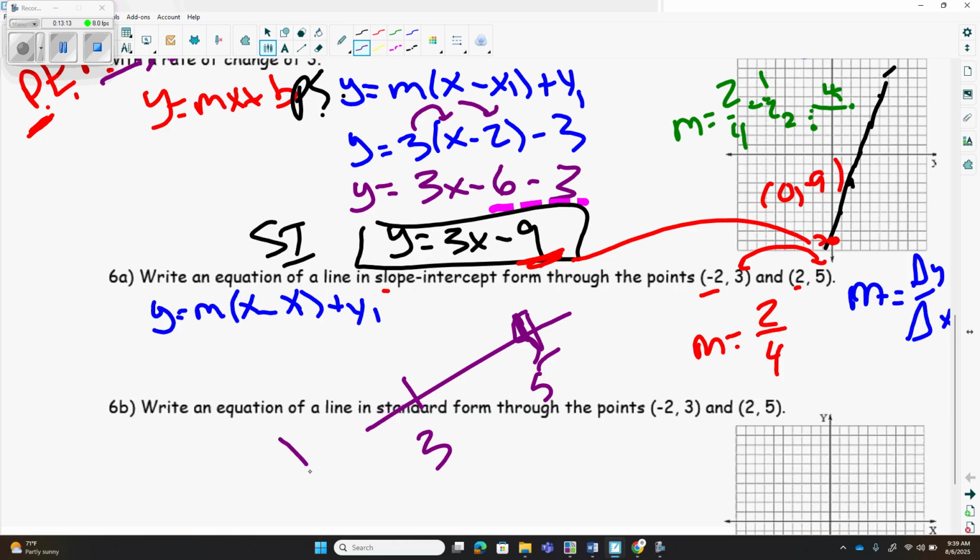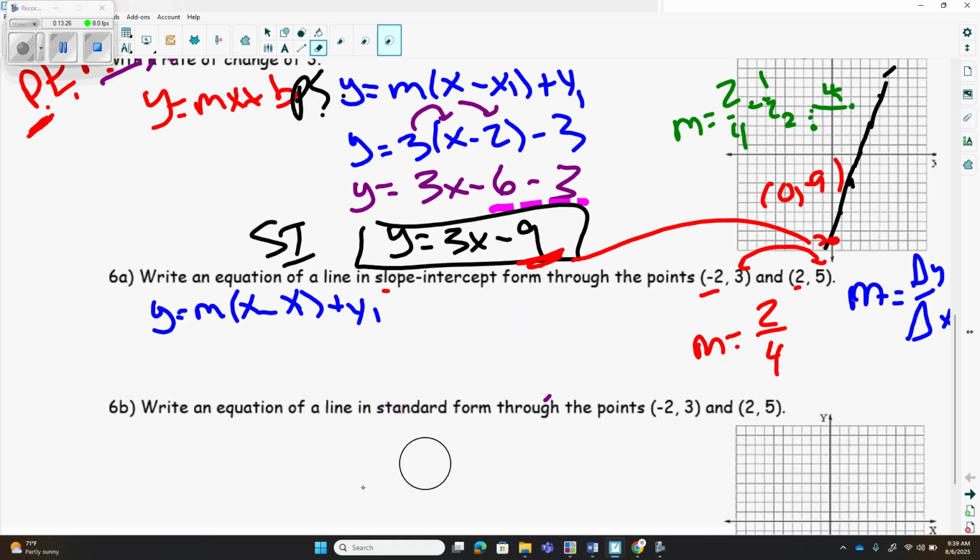Where's -2? Well, -2 is over here and +2 is over here, which is also left to right. As they're always going from smaller to larger, then you're going to be consistent. It's going to be the same. If one is going from left to right and the other one's going right to left, then you're going to have a negative slope. All right? Or Addison, you can just draw it on a graph and see that it is a positive slope because it's going up. All right, so my slope in this case is 1/2.